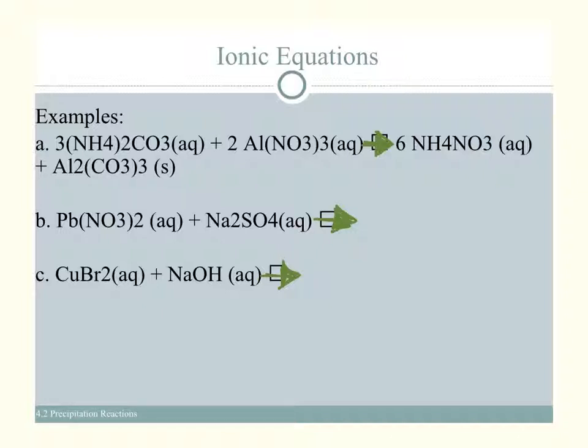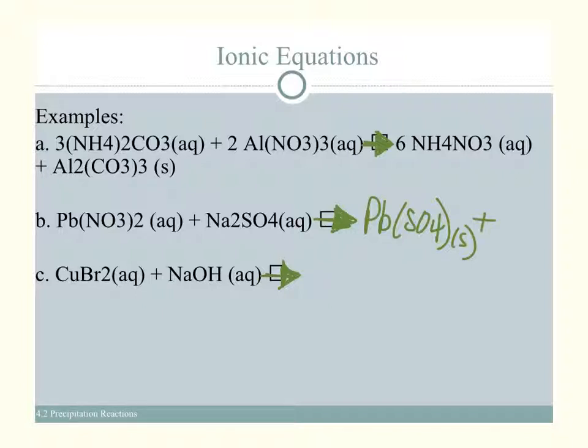So let's just practice doing a couple equations here. So we've got lead 2 nitrate and sodium sulfate, so that's going to form PbSO4, and this is going to be a solid. Lead is one in which it turns into a precipitate.